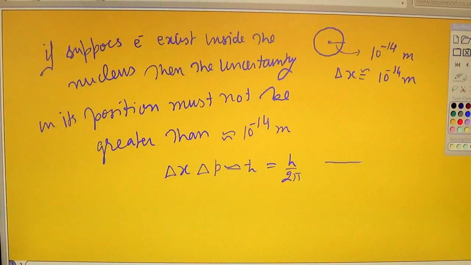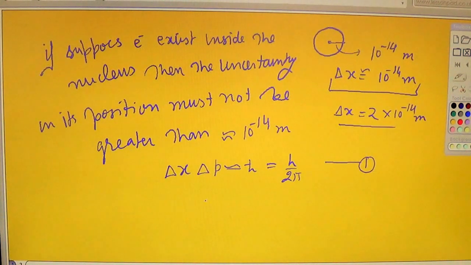Using this equation, with delta x equal to, suppose, 2 into 10 raised to the power minus 14 meter, delta P will be h upon 2 pi into delta x.